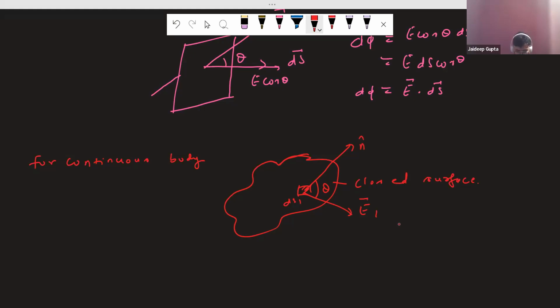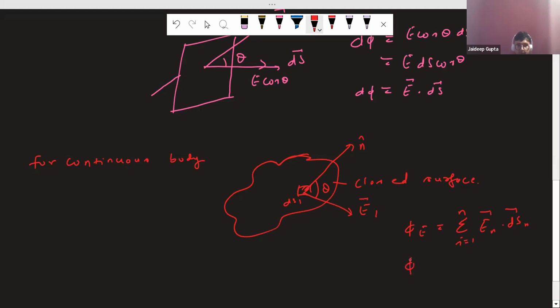So if we have to calculate the total, then phi e, the total electric flux, equals summation i from 1 to n of En dot dsn. Fine. It means equals closed integral E dot ds. All right.